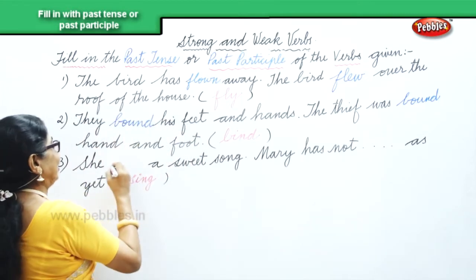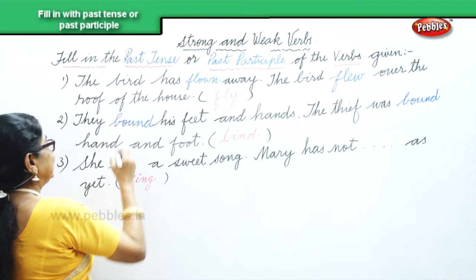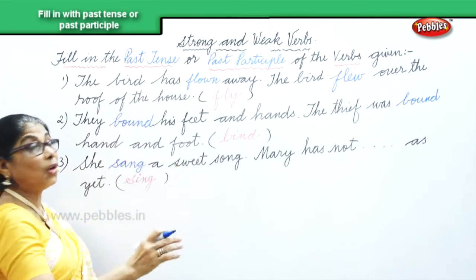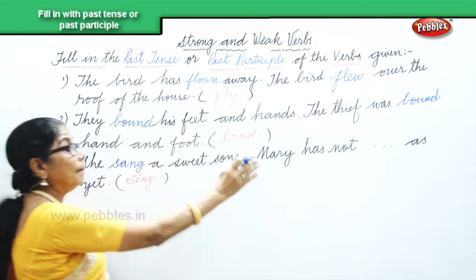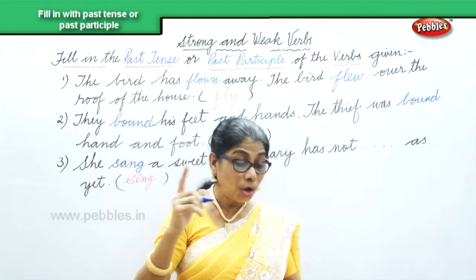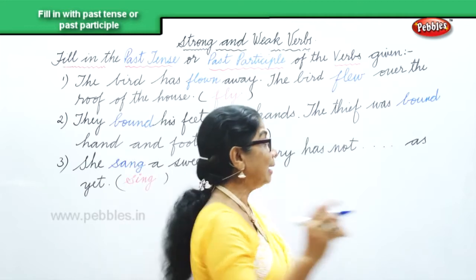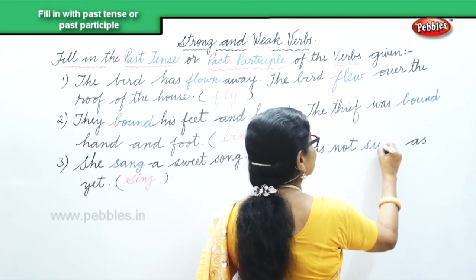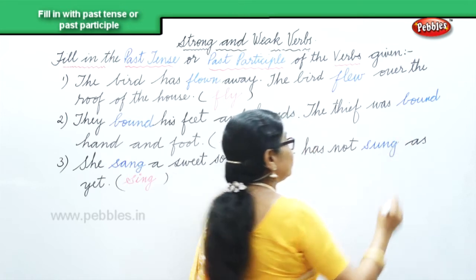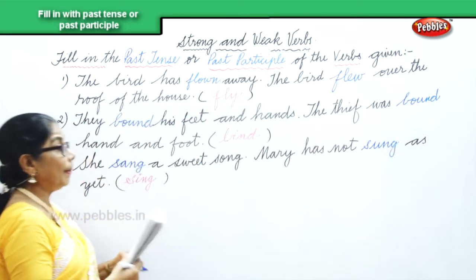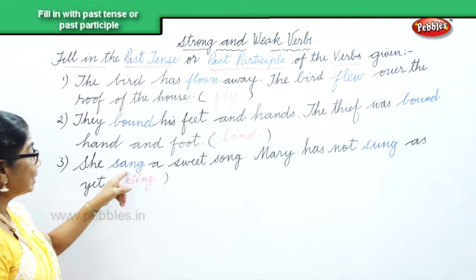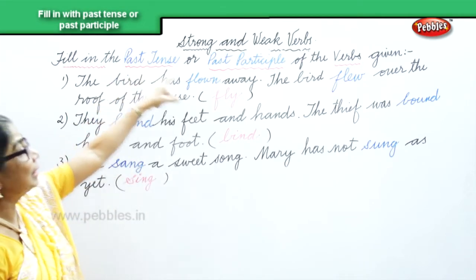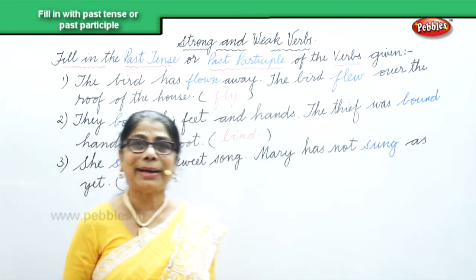Sing, sang. That is the past tense. She sang a sweet song. And the past participle, Mary has not sung as yet. Okay, so you have sing, sang, sung. Sing is in the present tense, sang is in the past tense, sung is in the past participle.